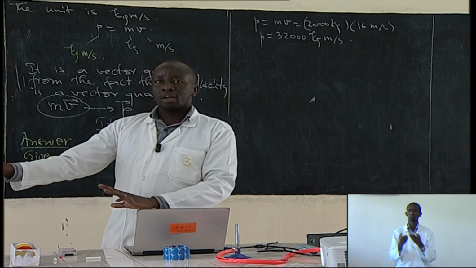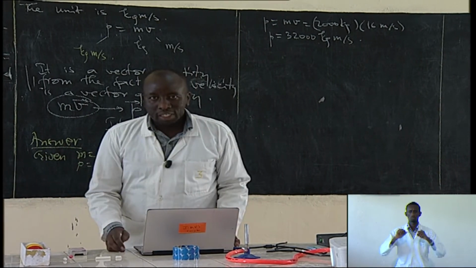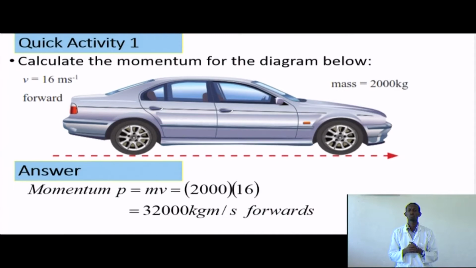You can copy wherever you want, either here or there. They are the same. But here it is very short, and here it is a little bit in detail, because I try to put the data here, and then say what is being asked, and then you can just get the answer there. You have finished it, I know.